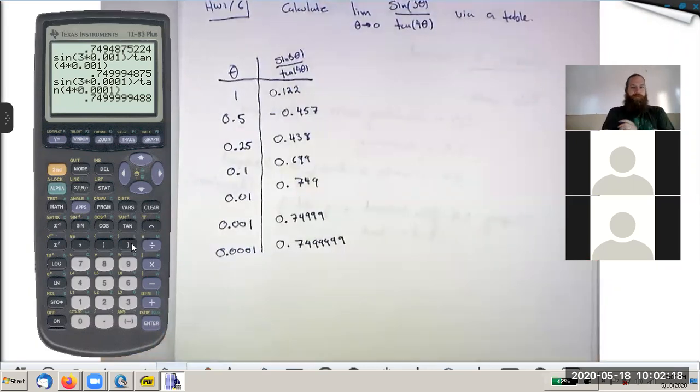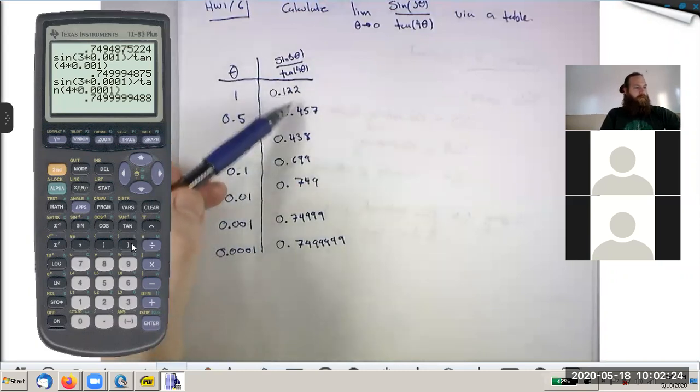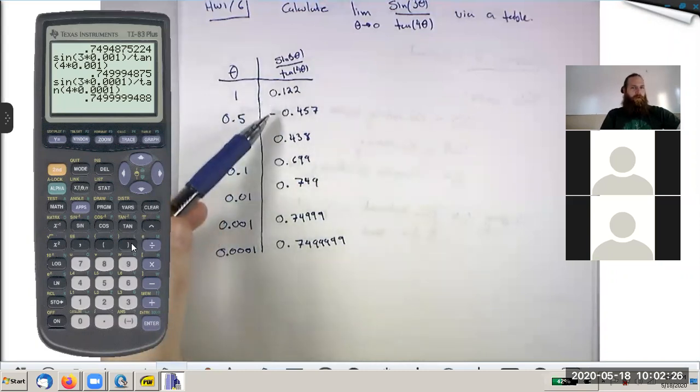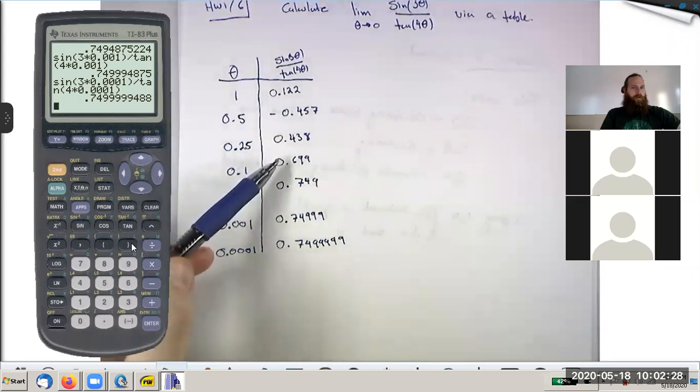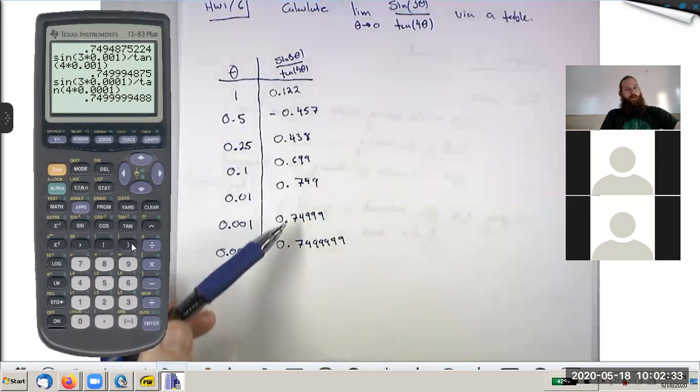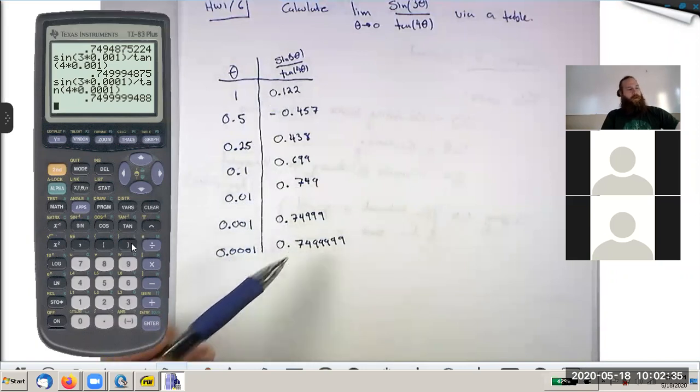Okay. So as my theta values get closer and closer to 0, this function's values, at first, don't appear to be doing anything interesting, but then starting right around here, they start sneaking up on this 0.75 number, right?